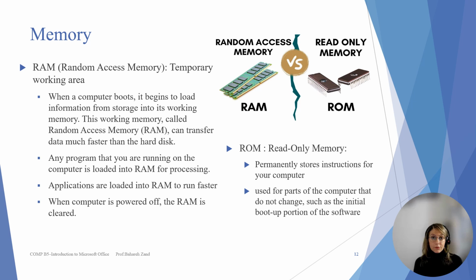That is information that needs to be saved permanently, and that's why it is saved on ROM, or read-only memory. Remember this: ROM, or read-only memory, is permanent, and even if you lose power or you shut off your computer, the information is saved on ROM.